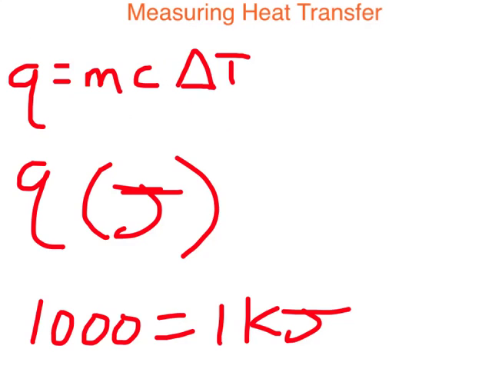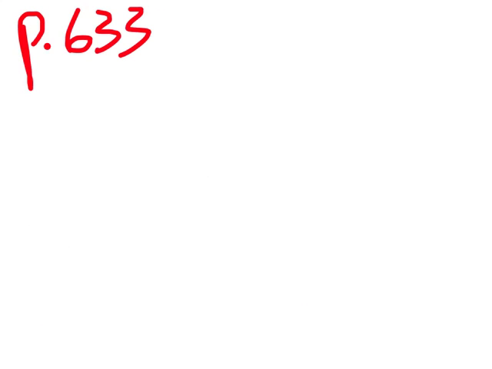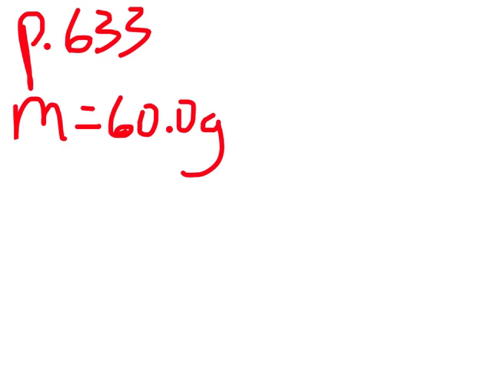So basically what we're going to look at is a question. It's found on page 633 of the chemistry textbook, not AP chemistry, but the chemistry textbook. You can just follow along. So we have a particular glass of water, and the glass of water is being exposed to some ice. In the question, we have a mass of 60.0 grams of water.